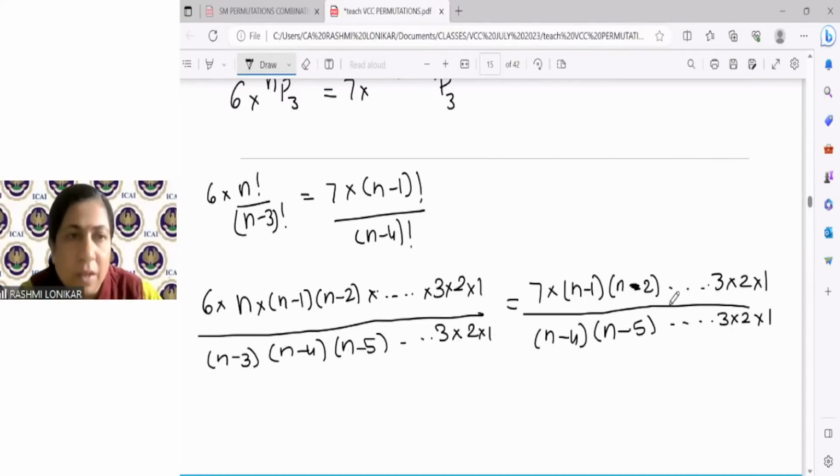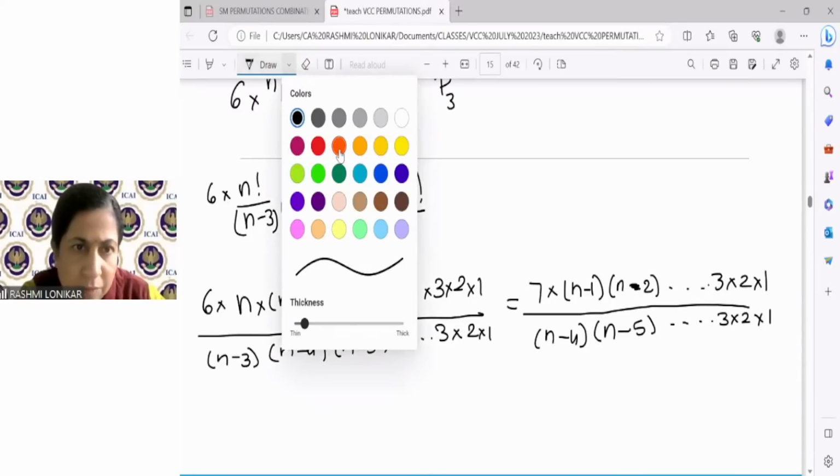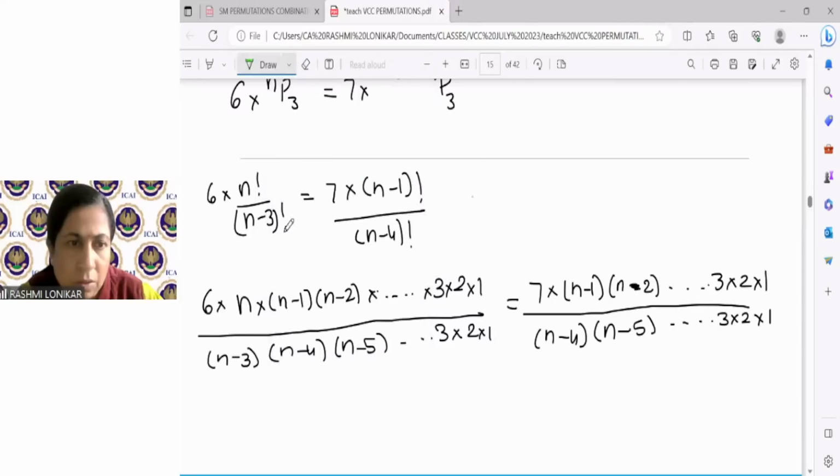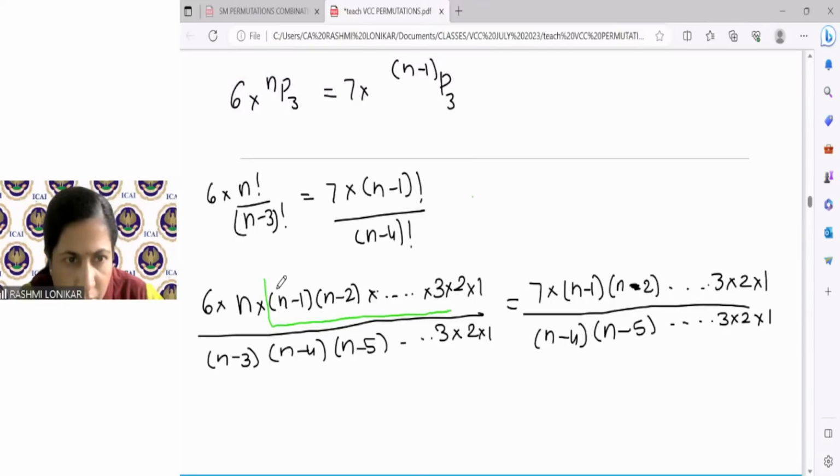Now I only have to see what is going to get cancelled. Can you see here from n minus 1 up to 3, 2, 1? So n minus 1 up to 3, 2, 1 is there. In the denominator, n minus 4, n minus 5 up to 3, 2, 1. So n minus 4 is there.